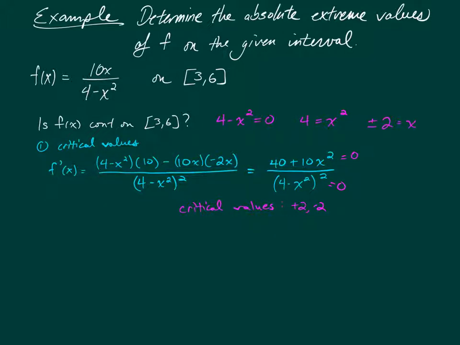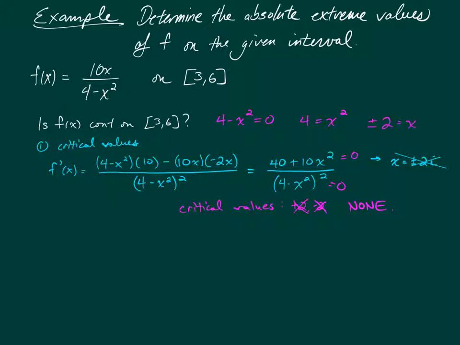And then if you set the top equal to 0 and solve for x, you'll get that x equals plus or minus 2i. And again, we don't have any room for i's in these exercises. So i's don't work. And as a matter of fact, these two critical values aren't on the interval, right? We mentioned that already. So negative 2 is not in this interval, and neither is positive 2. So there are no critical values for this whole entire function.